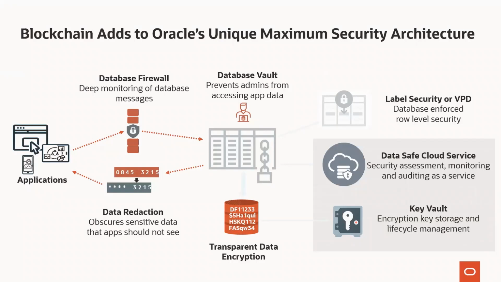It has a place, it has a need. If you have used blockchain or immutable tables, I'd love to hear about it, because I think they are very powerful and they're going to get better as the market matures, as we mature, as we understand different use cases and how we can fully take advantage of this capability. But again, yet another offering in our maximum security architecture.